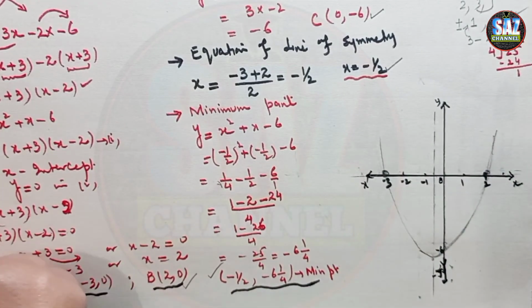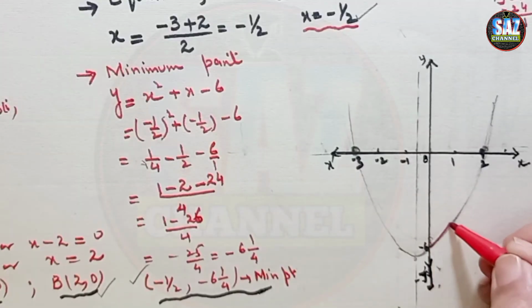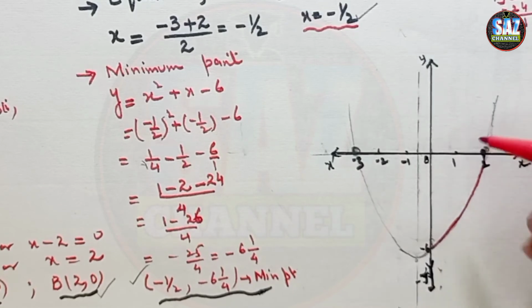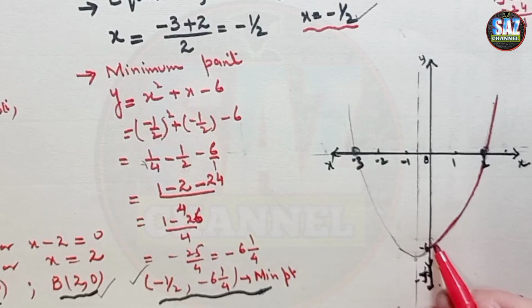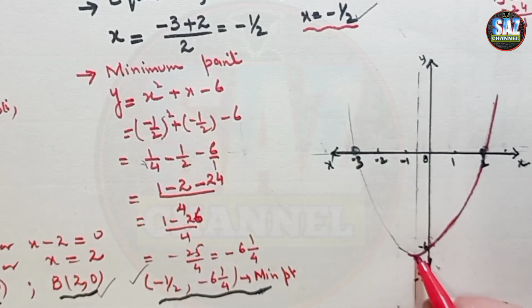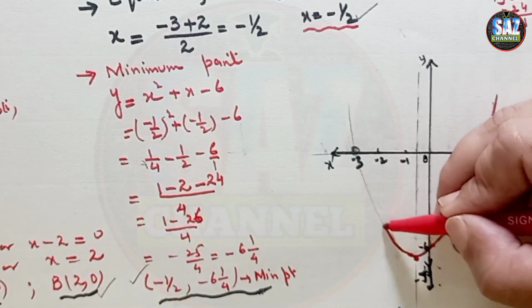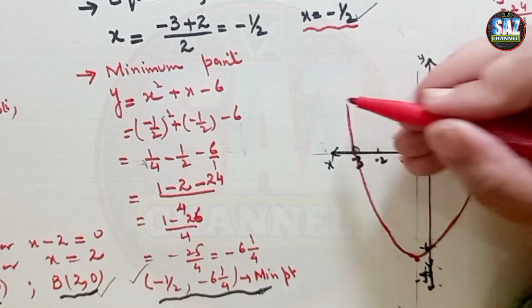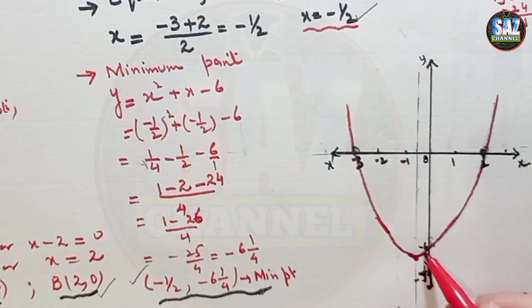Let me quickly go to the perfection of the curve, and then I will be highlighting the intercepts and all of the requirements. This will be like this, and this is my minimum point coming here, and from the minimum point I have to take the turn upward. I have to make it a little more clear.